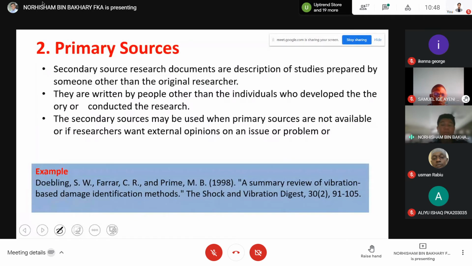The secondary source is, well, some people write a journal review paper. If you are lucky, you can go ahead and find the review paper. Certain researchers already provide the literature review for you, but only up to the year that they published. For example, you get the literature review up to 2010.